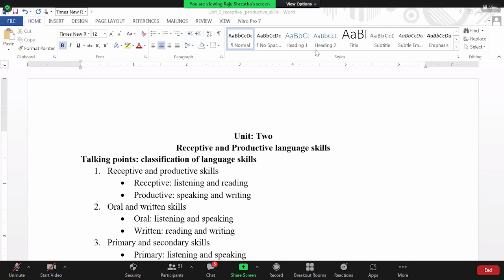Now the pronunciation part also we discussed: what are the problems of learning pronunciation for Nepalese learners of English, and how can we help learners overcome those problems. What are the basic steps? That gradual release model we discussed: I do, we do, and you do. These 3 stages we apply while adopting the gradual release model.